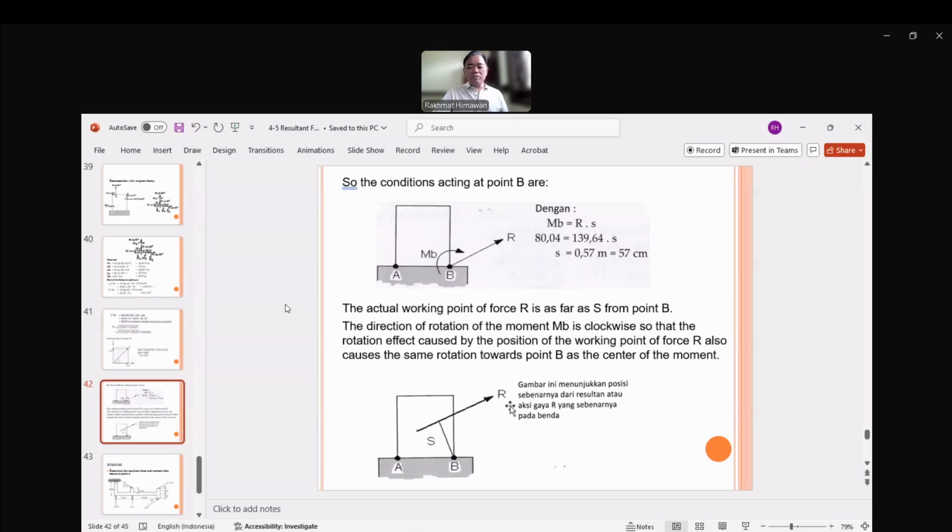Usually the question will be, where is the actual line of force of this resultant R, which is here, at distance S from point B. So it will have a rotation or moment effect like this at point B. This is what we learned about the resultant force. Any questions up to this point?